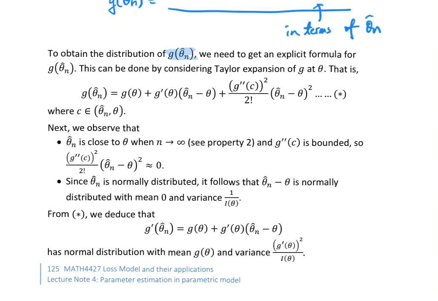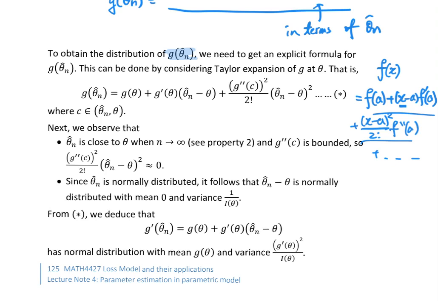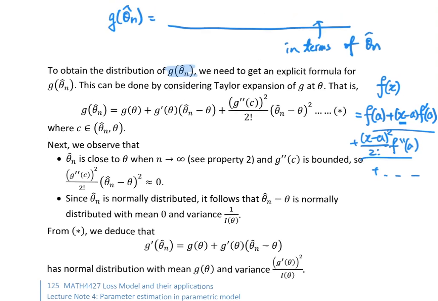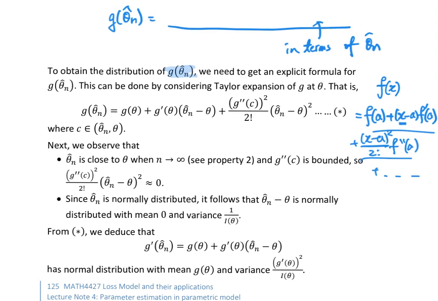Remember, for Taylor expansion, if you have any function f(x), you can use the Taylor expansion to rewrite this function as a kind of polynomial of x. So here I will apply this Taylor expansion to g(θn hat) and expand it in this way.